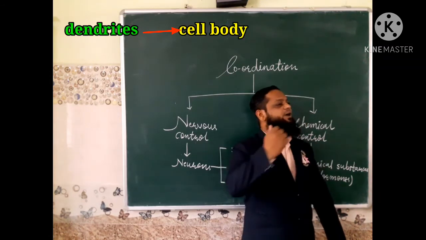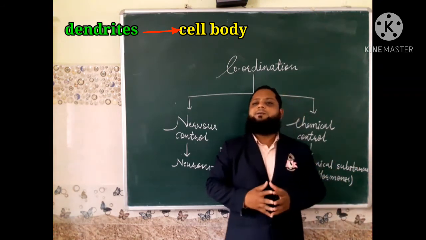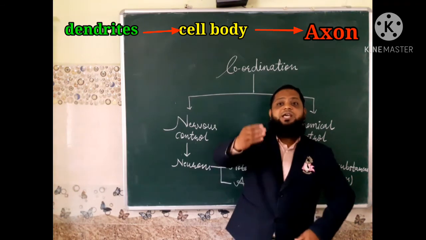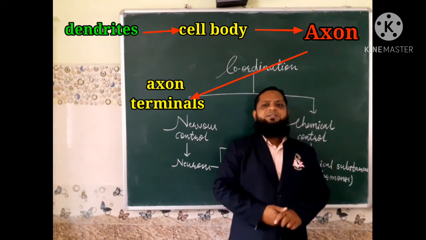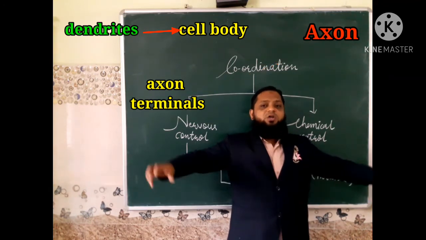This collected information is transferred to the cell body, to the axon, and from the axon to the axon terminus. There is a gap between two neurons.